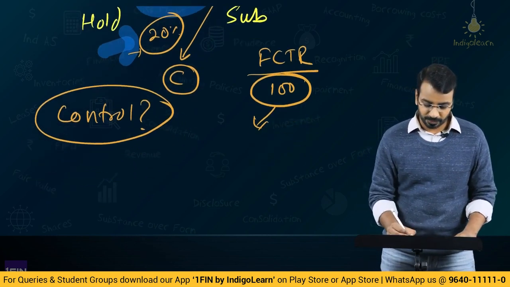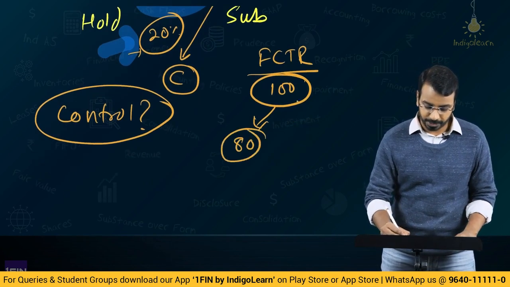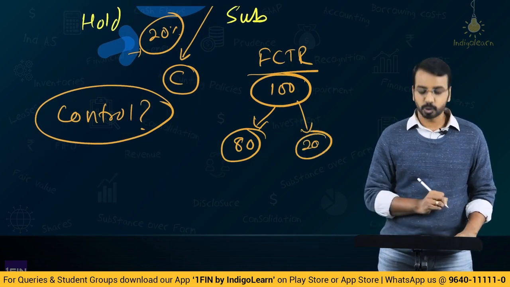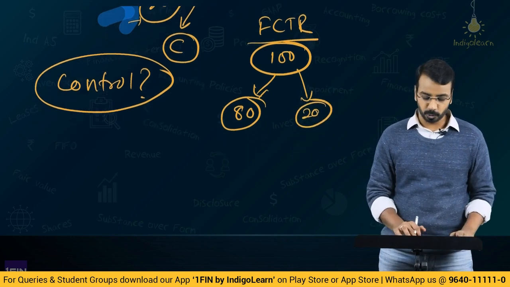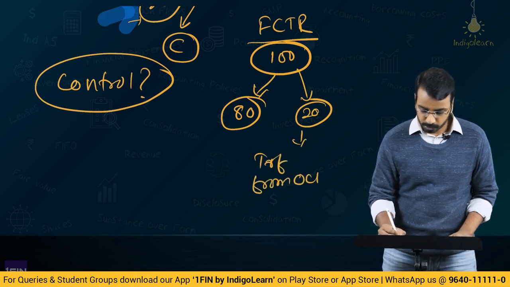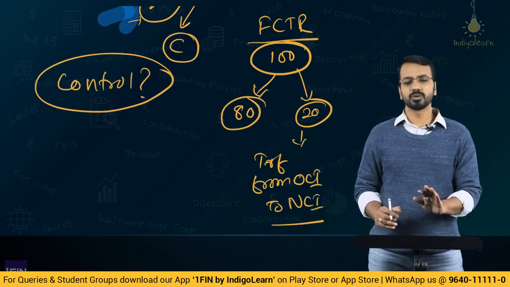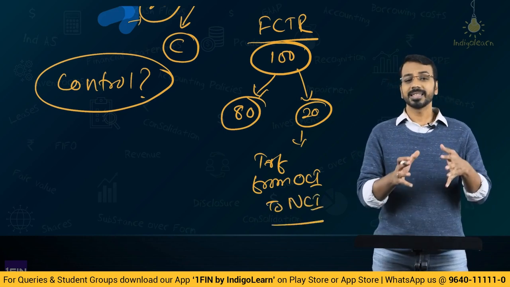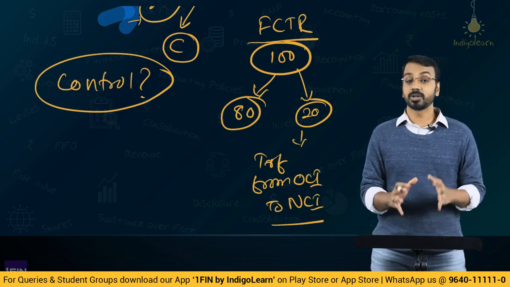So what I mean by that, say for example, now 80 pertains to the parent and out of this 20 pertains to NCI, just for example. So what you need to do is, this 20 should be transferred from OCI to NCI. And please note friends, all of this is in the consolidated financial statements that we are talking about.